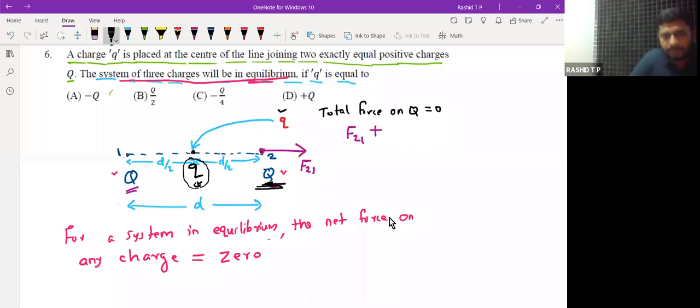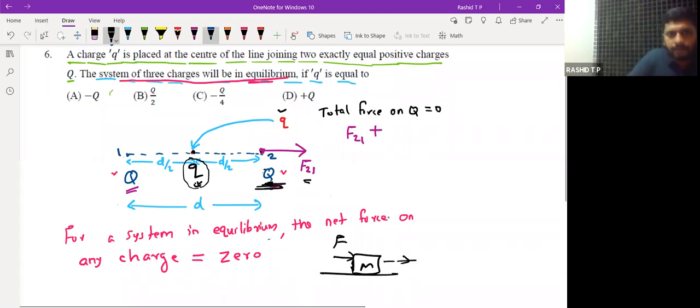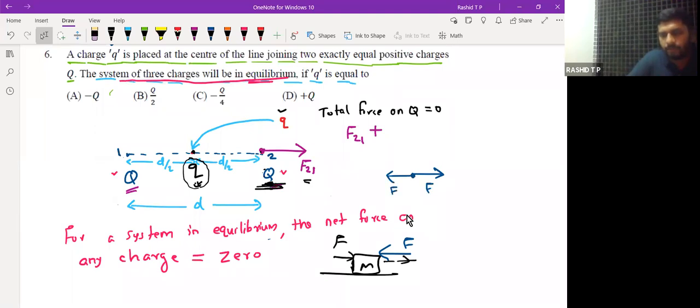If charge 2 experiences an unbalanced force towards the right, the body will move in that direction. To bring it to rest, you have to apply an equivalent force in the opposite direction. For a body to be in equilibrium, it should get an equal and opposite force. This may be F1, this may be F2, but F2 should be equal to F1.